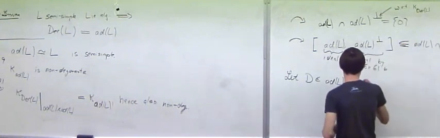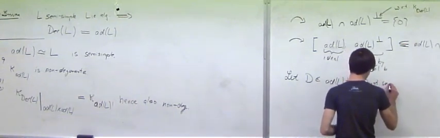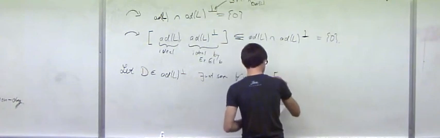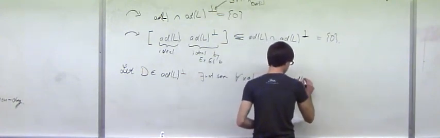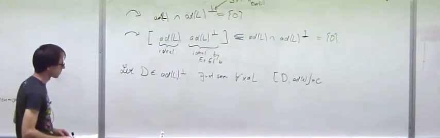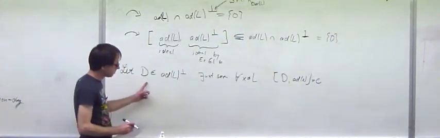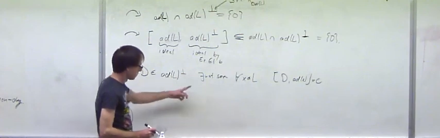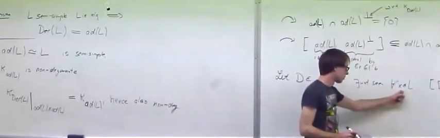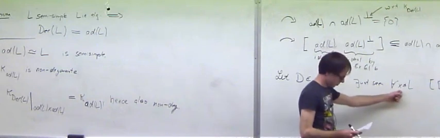So what we've just seen is, for any element of the Lie algebra, the commutator will vanish. So this was what?